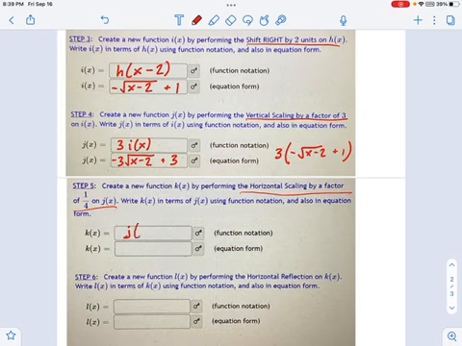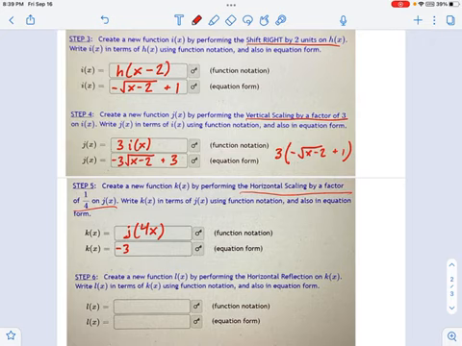And you might think, well, it's horizontal, so it goes inside the parentheses. Totally right, it does. But it's not 1/4, it's 4x, because we do the inverse of horizontal scalings. Okay, so now I need to figure out how to multiply x by 4 inside the parentheses. Well, really, you're just replacing that x inside j of x with a 4x. So that's not too bad.